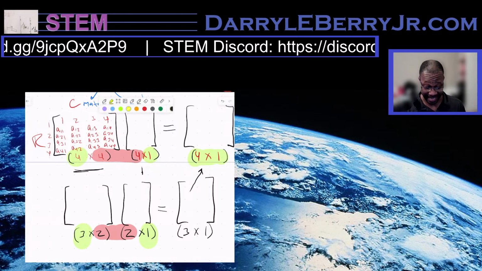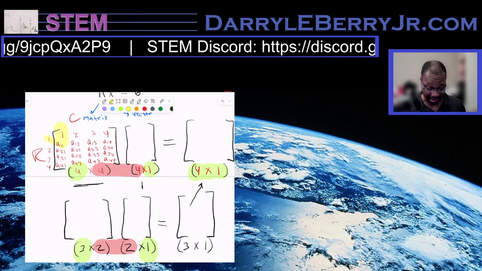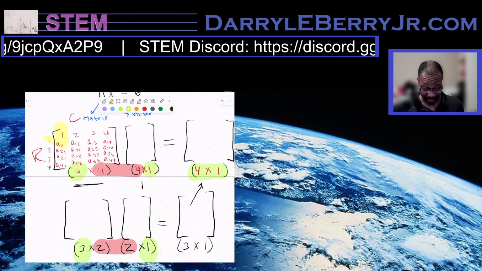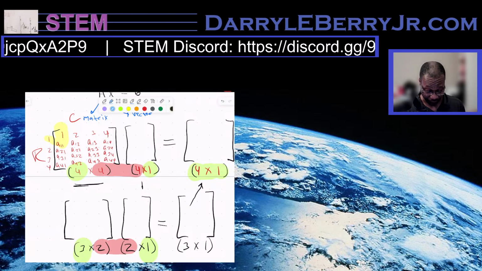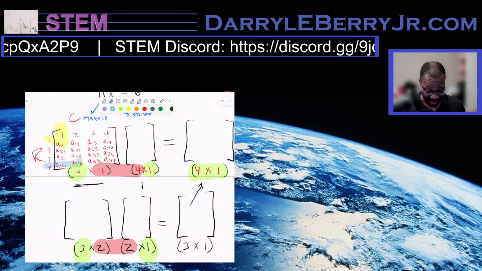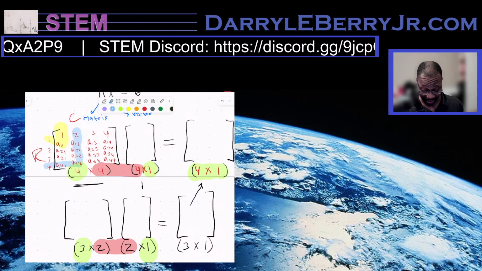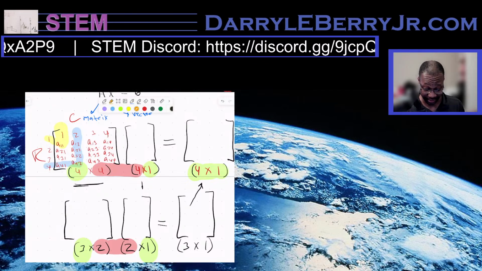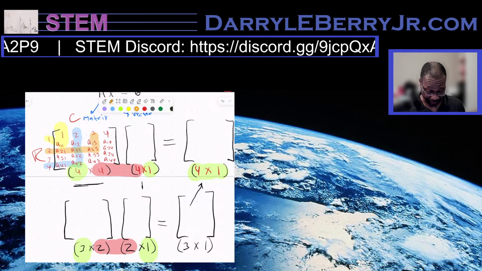So basically, if you look at it this way, as far as the A's, we have row one, column one. So that's called A11. We also have row four, column two. So that's why that one is called A42, row four, column two. And let's say we have row two, column three.